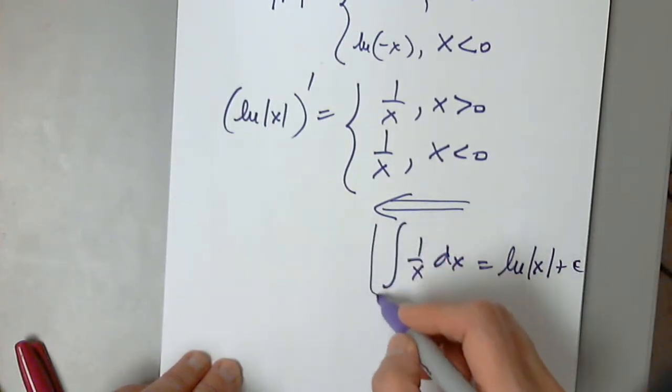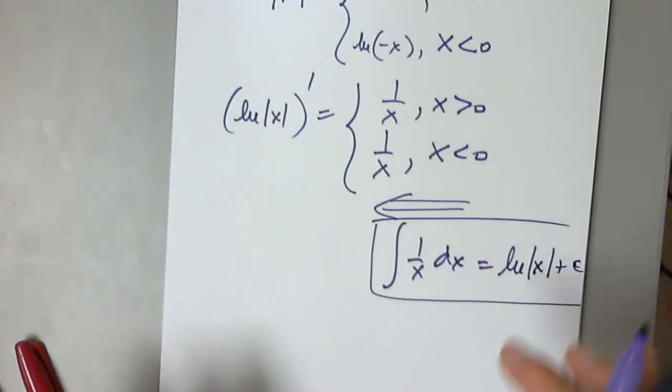Do not worry about this whole thing. I want you to worry about that. That's the reason why every time we integrate 1 over x, the answer is not natural log x, but natural log of the absolute value of x. And we showed why. Because when we differentiate natural log of the absolute value of x, no matter what, we get the same answer.